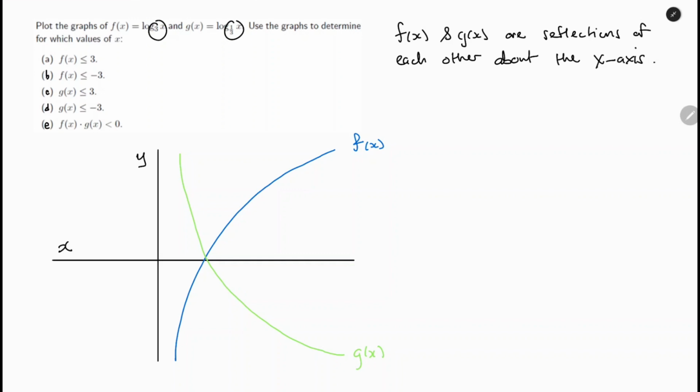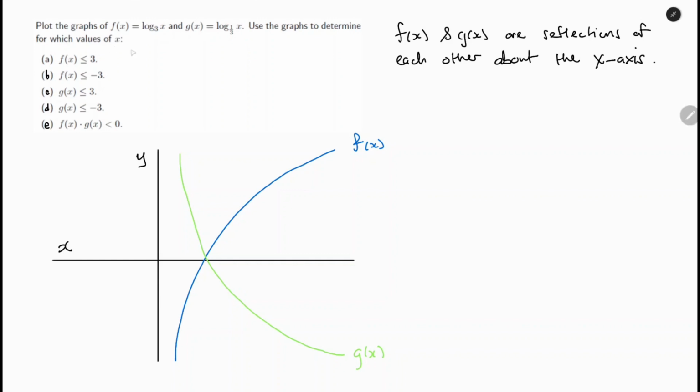You should know this: when you have log base a of x and the graph log base 1 over a of x with the same a, these two graphs are reflections of each other about the x-axis, and that is exactly what we have in this case. I'm just noting that out. It might not be useful, we'll see, but let's go on and answer the questions.